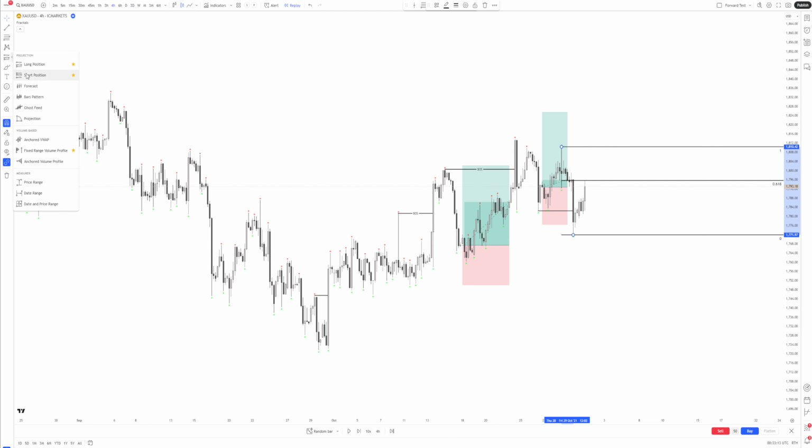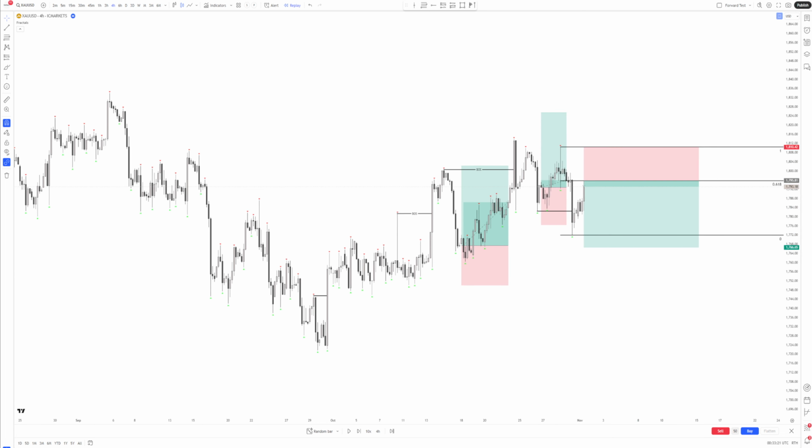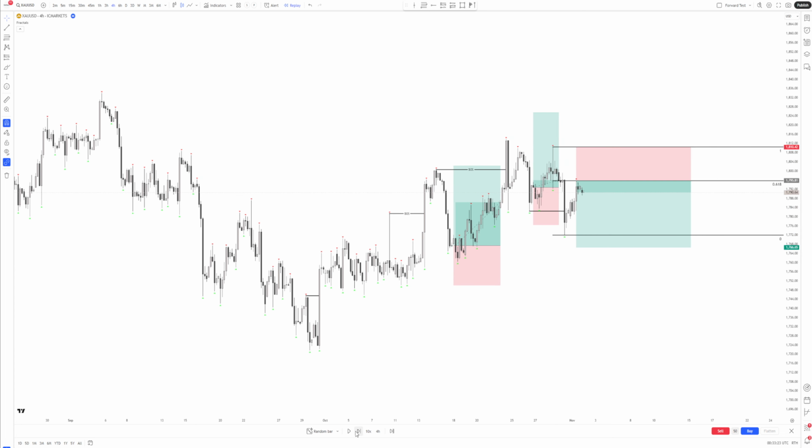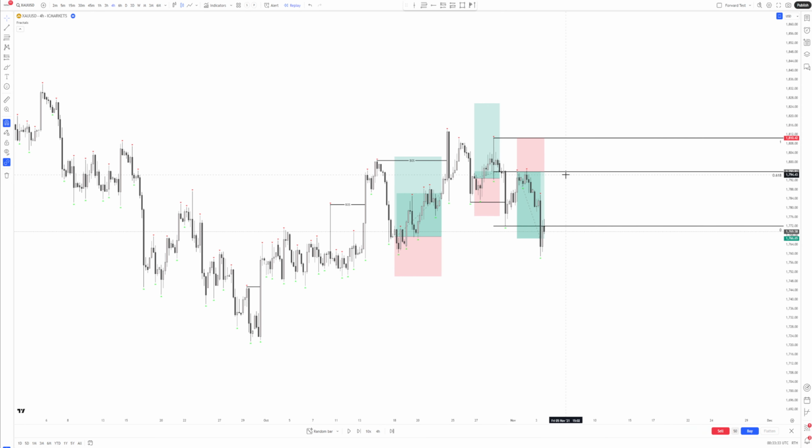So had price reached that point, that would have been a tag in there. I'm going to place my stop loss just above there, and we will go for a 2-to-1 again. So let's see what happens. And we're tagged in, and we want another trade. At this moment in time, we've got 2 minus 1, so we're still up 3. Let's move on to the next trade.